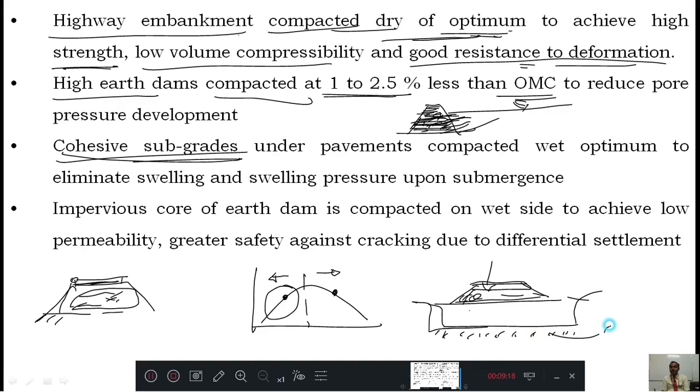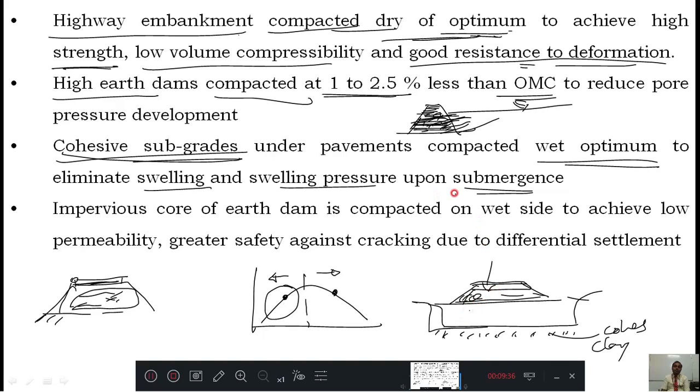This subgrade, if it is cohesive, meaning if it is a clay type of soil or very fine soil, then under pavements it is compacted wet of the optimum to eliminate the swelling and shrinkage, swelling pressure upon the submergence.